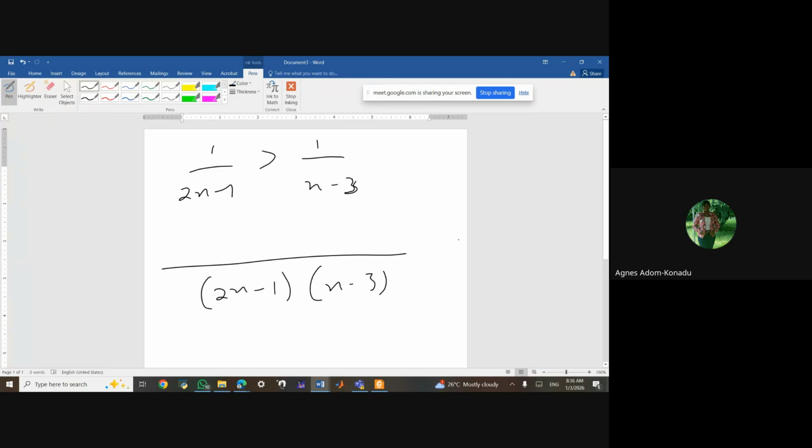I'm saying that because I don't want to change it, I will make it squared. So this will go into this. I'm going to have 2x minus 1 times x minus 3 squared greater than 2x minus 1 squared and then x minus 3.